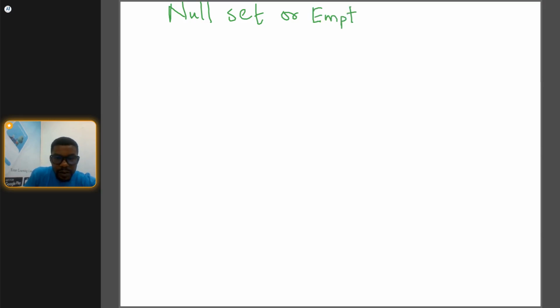So what is the null set or the empty set? A set that has no elements, or a set that contains no elements, is called an empty set.